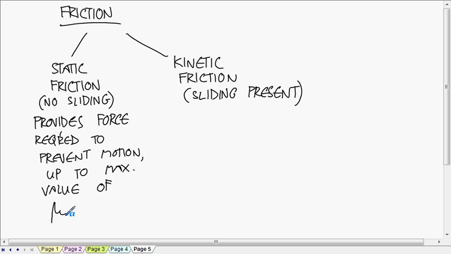It's the Greek letter mu. And I'm going to write this as mu sub s for the static. It's called the coefficient of friction. So the static coefficient of friction times the normal. The kinetic friction is just equal to a coefficient of friction, this time mu sub k for the kinetic coefficient of friction, times n.